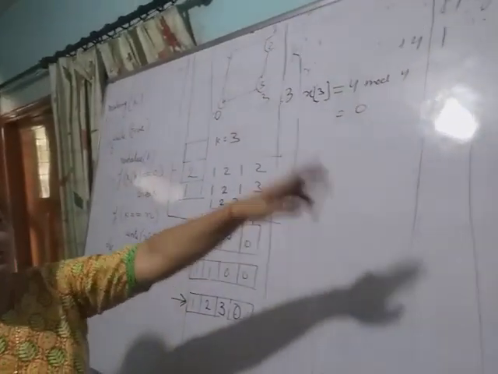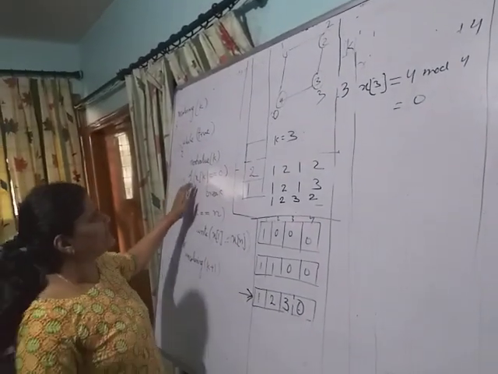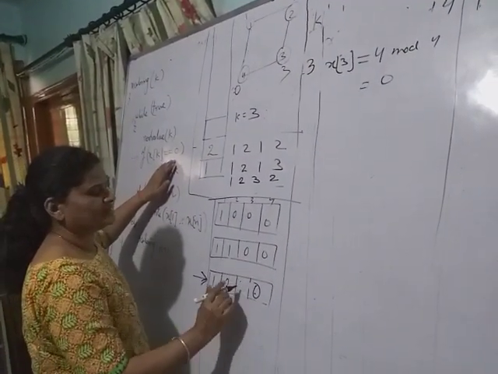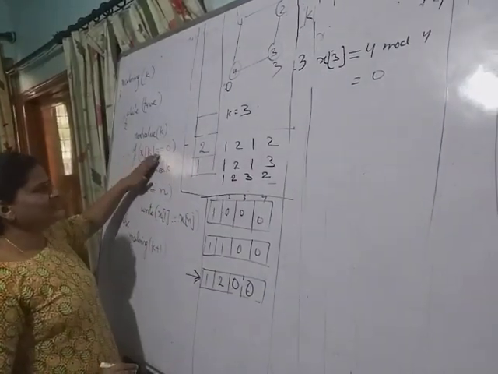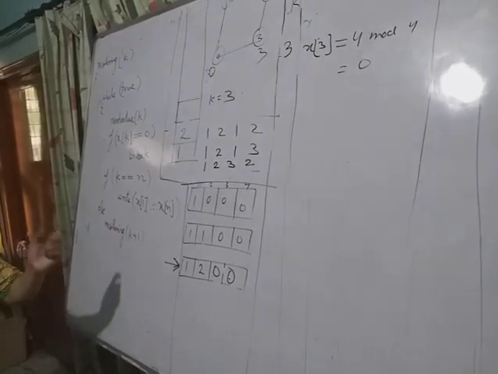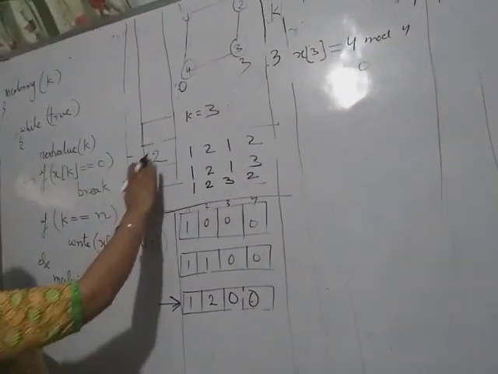So xk equal to 0, it will come out from this loop. This condition is true. Again it will come out from the loop and the next vertex to be popped is 2.